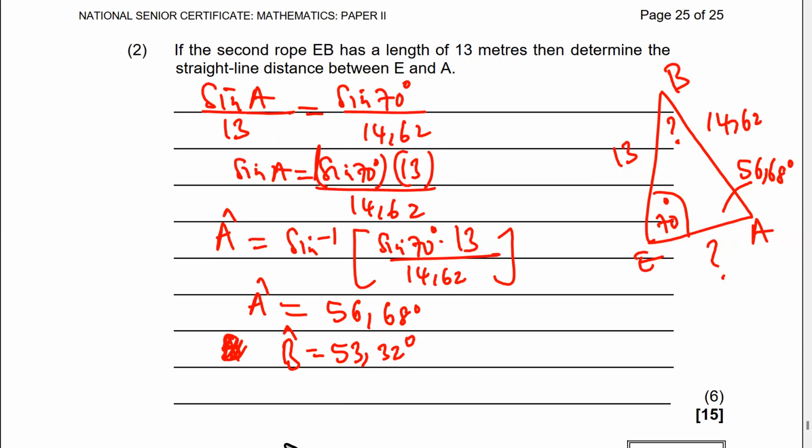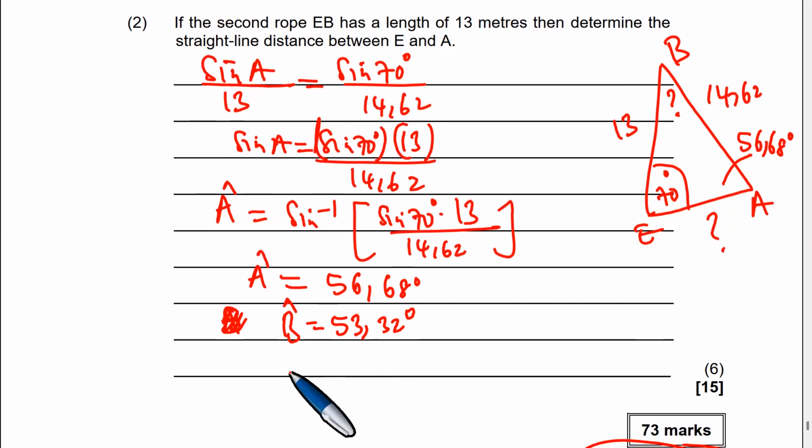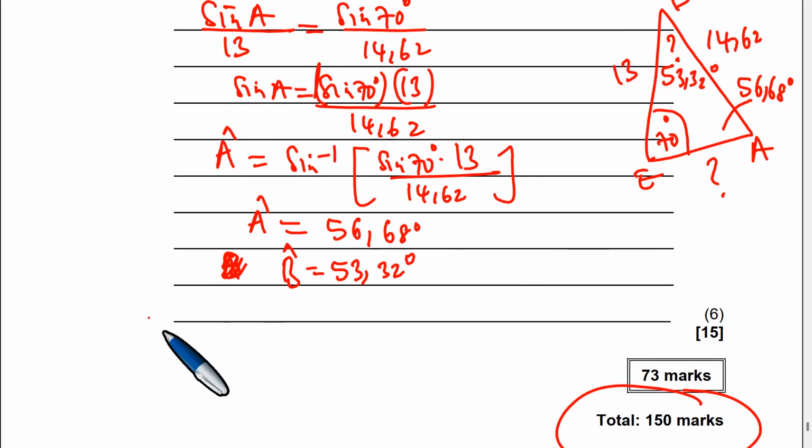Now we have to find EA, because we already know that this one is 53.32 degrees. So we can find EA as follows.